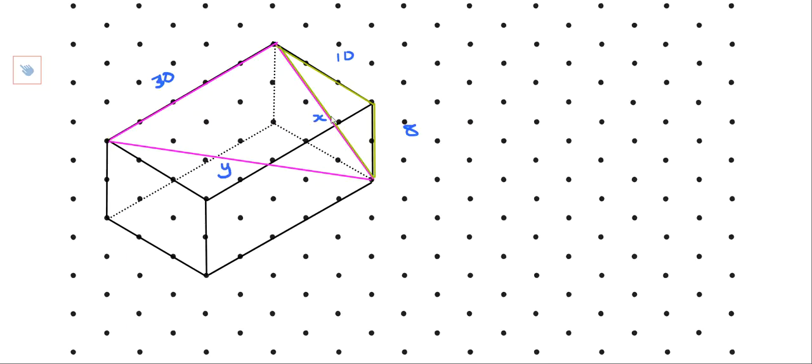X is in a different place. Y squared is still 30 squared plus x squared. And x squared is 8 squared plus 10 squared. So I still end up with the same thing, right? Even though I'm using different triangles. Different way of doing it, same thing.